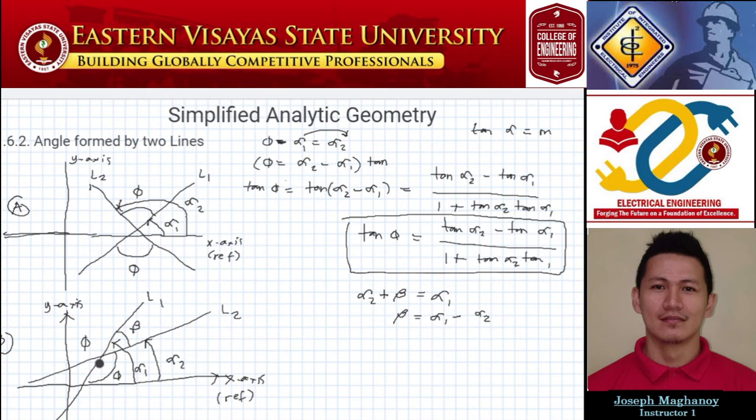And by inspection here, our theta is equal to 180 minus this beta. Substitute the value of your beta, which is your alpha 1 minus alpha 2.